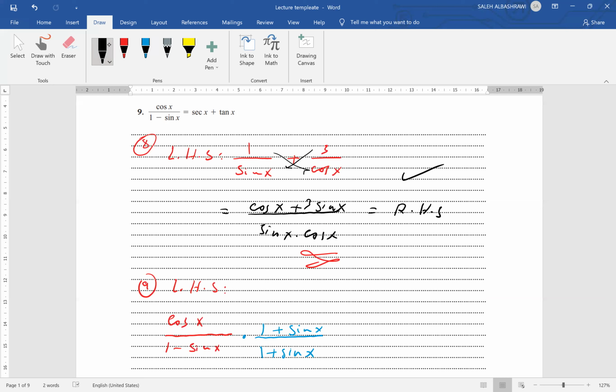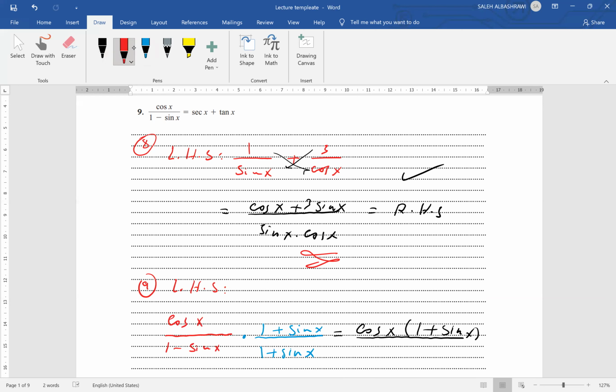multiply by the conjugate, I will have for the numerator cosine x multiplied by 1 plus sine x, divided by, for the denominator, 1 minus sine times 1 plus sine.